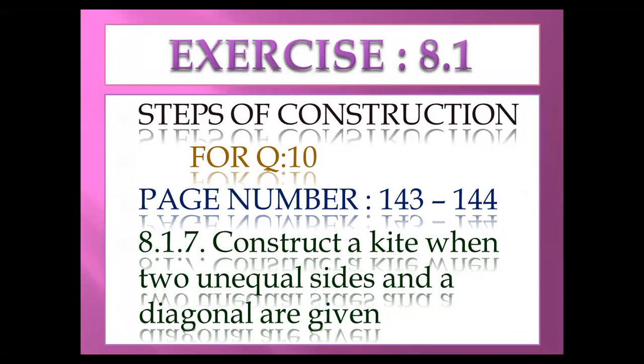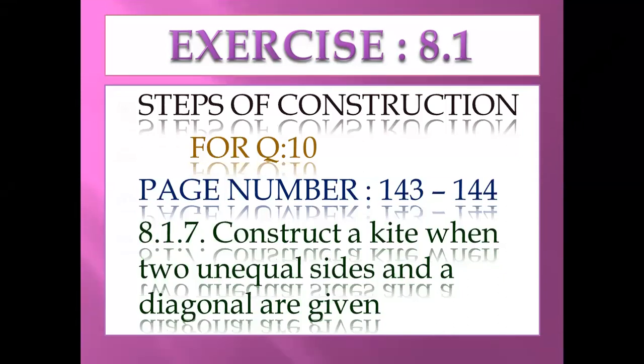Also, the figures or the diagrams are given on the page. The steps of construction of question number 10 are on pages 143 and 144, under the heading construct the kite when two unequal sides and a diagonal are given.